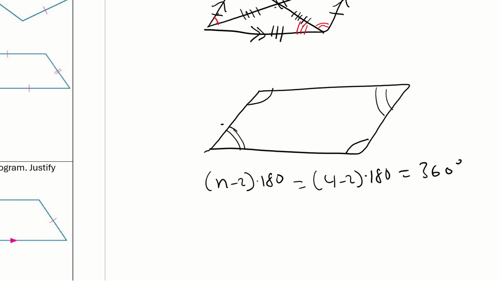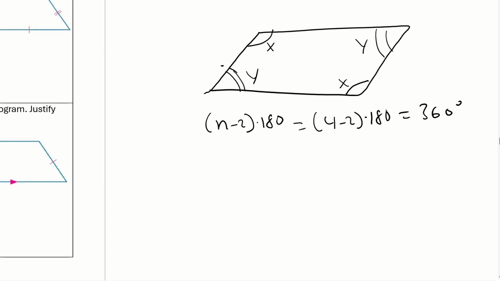So we know that these angles must add up to 360. And so let's call this both x, and let's call this both y. So those are both x, and those are both y. They must be the same, but we also have that these angles must add up to 360.